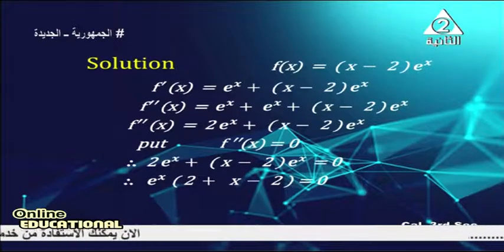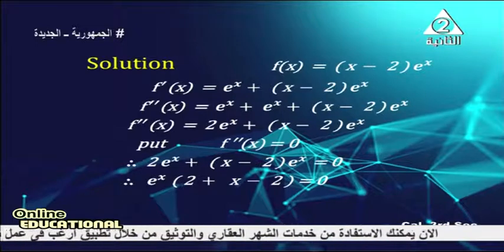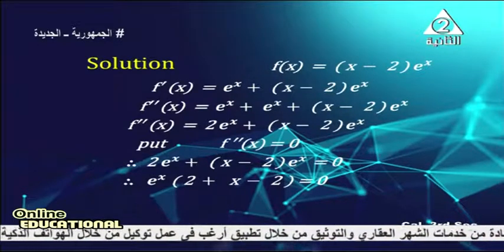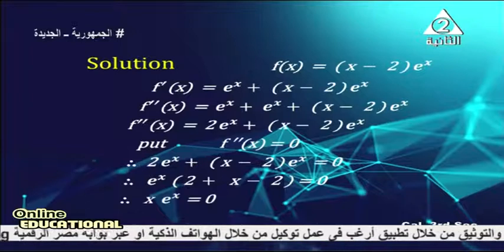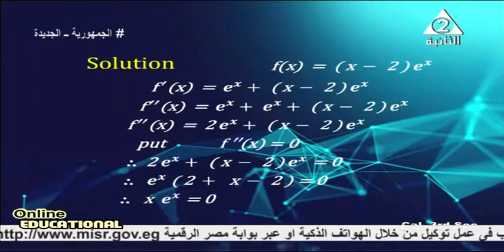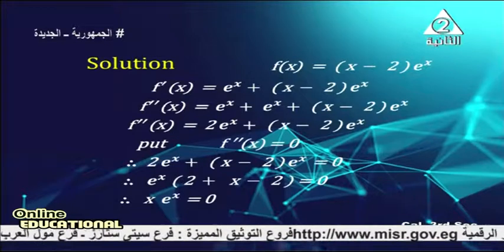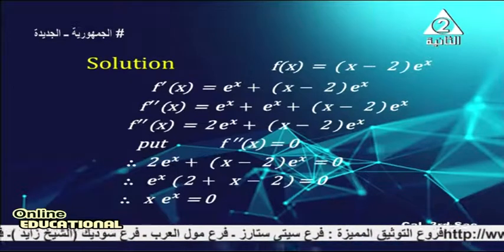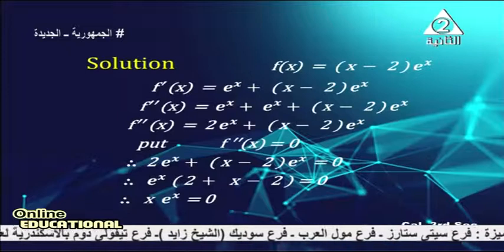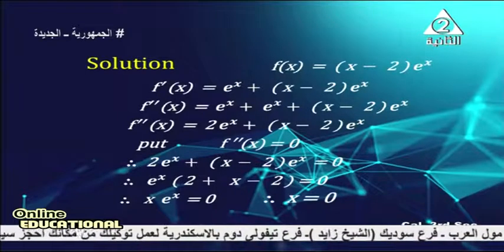Then e^x multiplied by (2 + x - 2) equals 0. Then e^x multiplied by x equals 0. We know that e^x is positive always. Then the value of x equals 0.